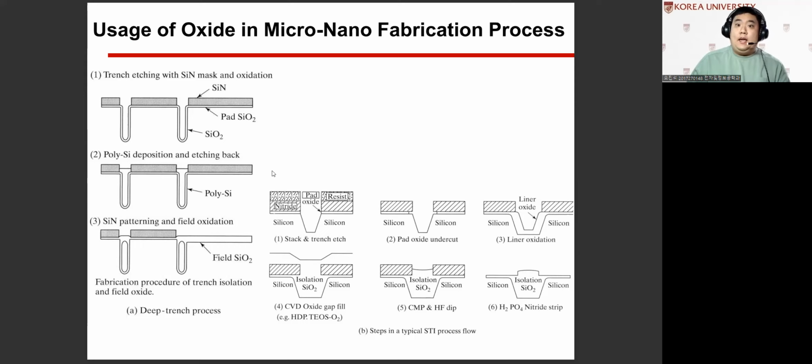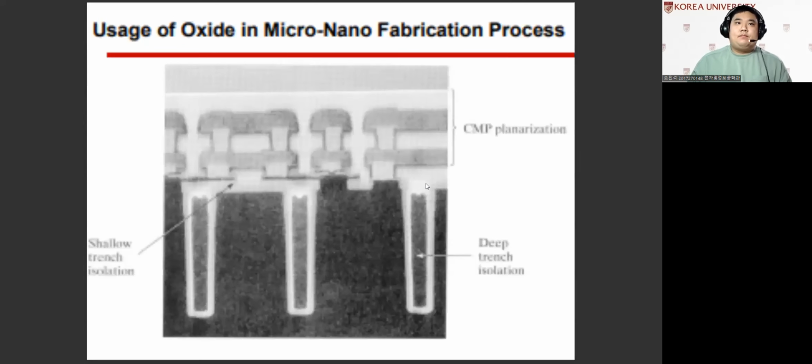With this, we can keep the areas fully separated without consuming too much area.